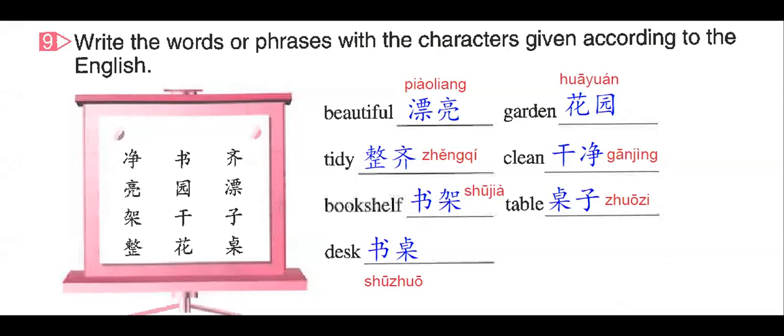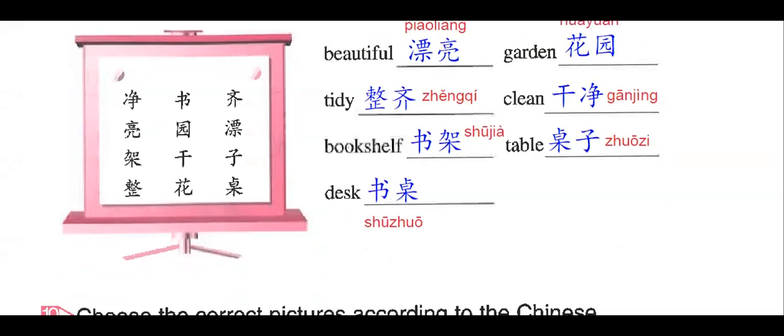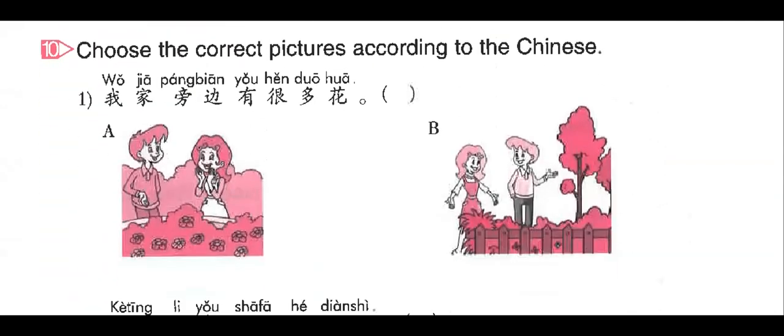And we can continue correcting the next exercise, exercise number 10. What do we have to do here? We have to choose the correct pictures according to the Chinese. So we have one sentence, for example, this one, 我家旁边有很多花.